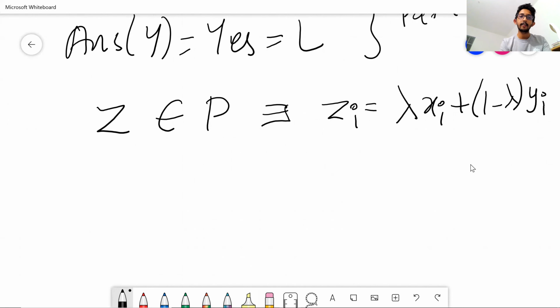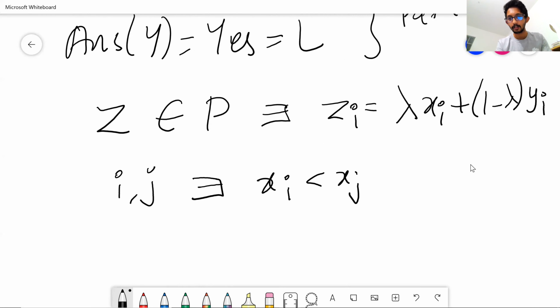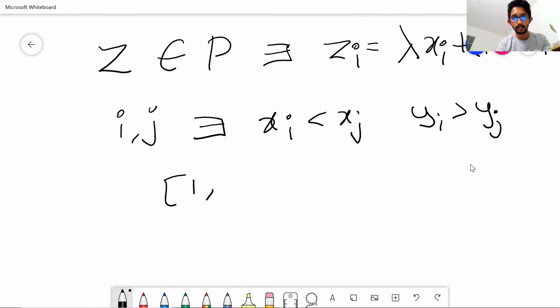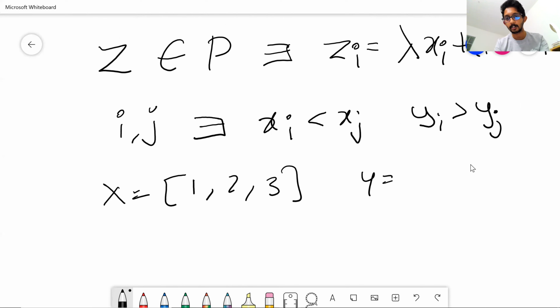Now, x and y are permutations of each other. So it is definite that there exists a pair i and j such that xi is less than xj, and yi is greater than yj. I'll show you. Let's say that x is 1, 2, and 3, and y is 3, 1, and 2.